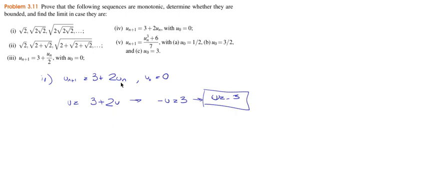So the sequence u sub n from n equals 1 to infinity is 0, and then the second term is 3, and then 2 times 3, 6 plus 3 is 9, and then 2 times 9, 18 plus 3, 21, and it seems to be increasing. So there are no negative numbers. So can we say that this sequence is increasing forever?